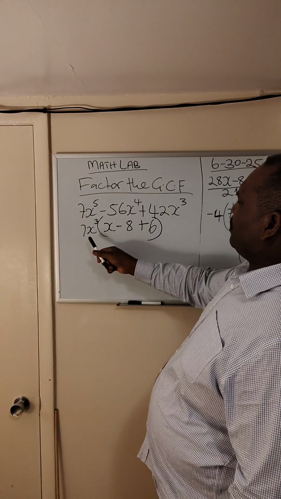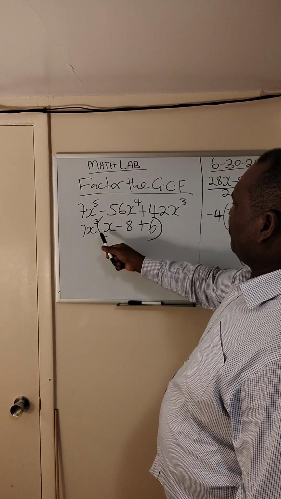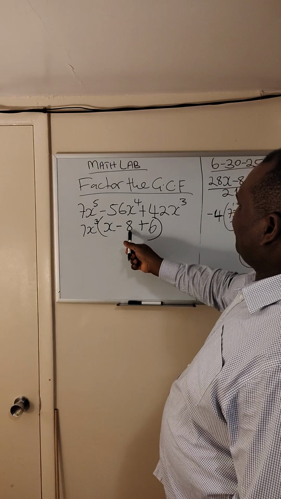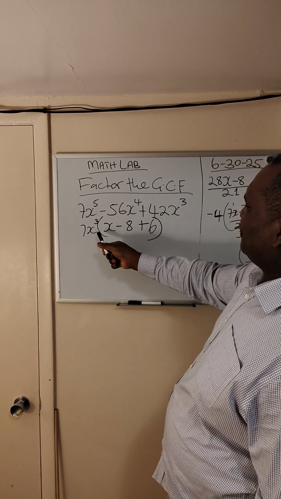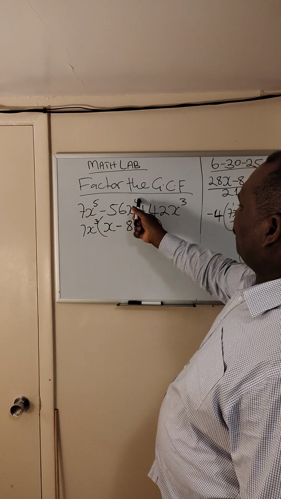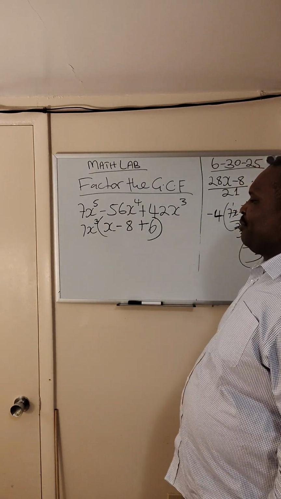So now 7 multiplied by 8 gives us 56x to the power of 4. Okay, hope you got it.